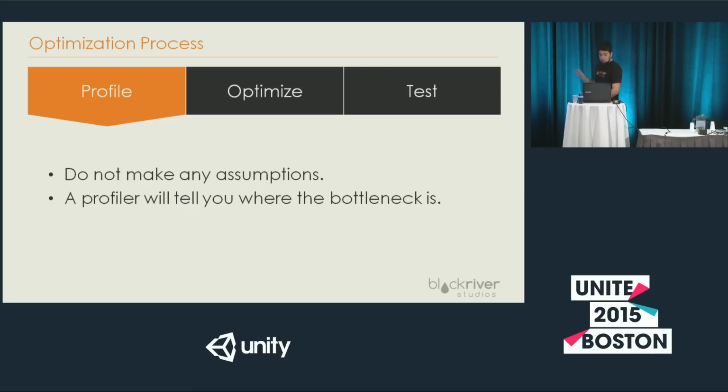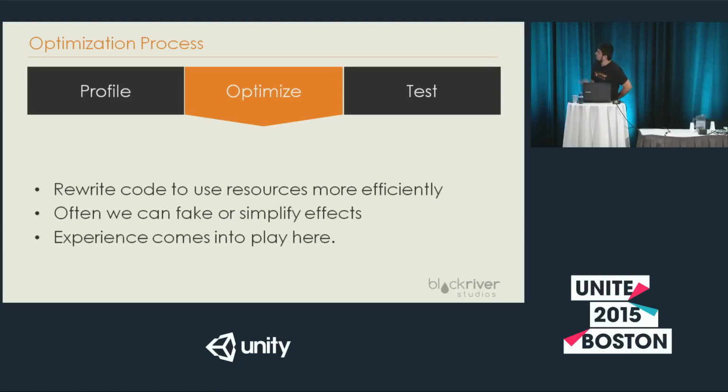So a golden rule is use a profiler. A profiler will tell you where the bottleneck is. And if you're not optimizing the bottleneck, then you're wasting time. So as soon as you find your bottleneck, you can rewrite the code to use fewer resources or use them more efficiently.